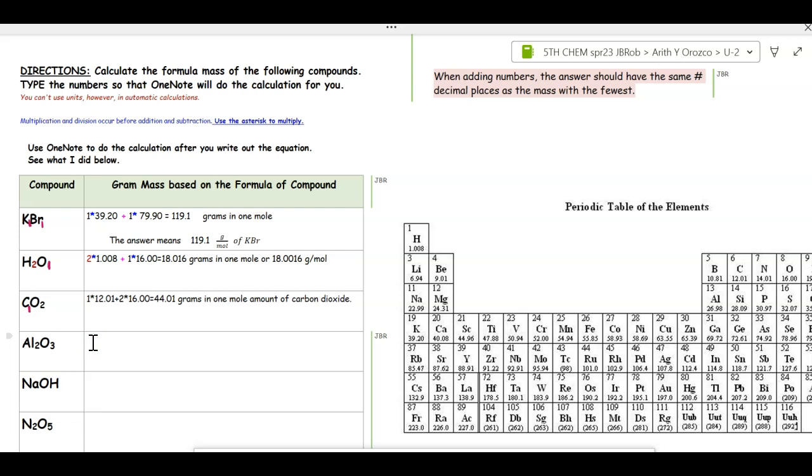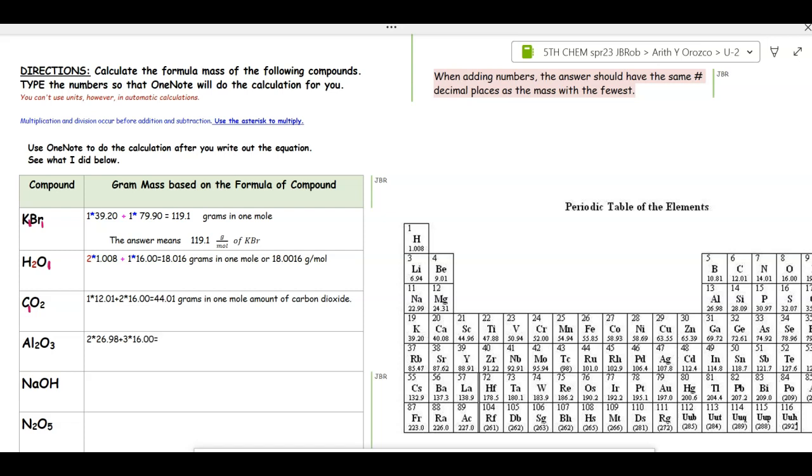Secondly, let's go down here. It says there's 2 aluminum atoms in this correct formula and 3 oxygen. So I'm just going to put 2 asterisk. Aluminum is 26.98 plus 3 times 16.00.